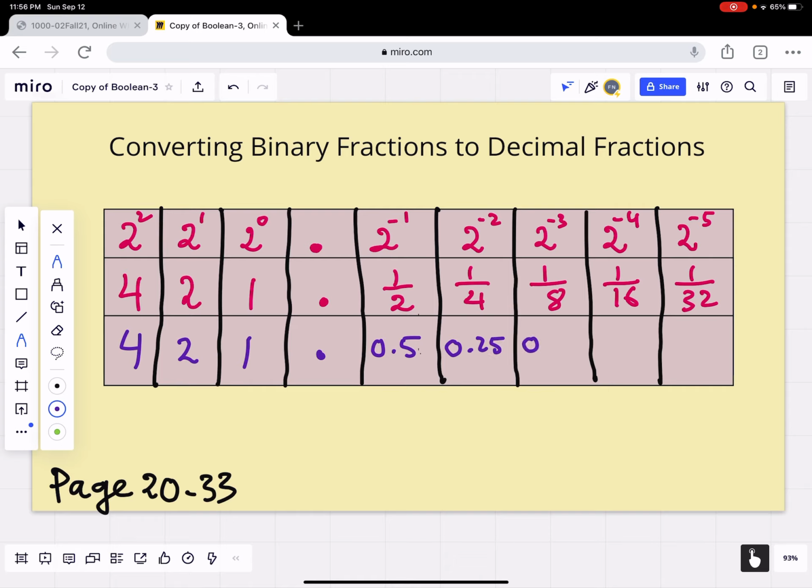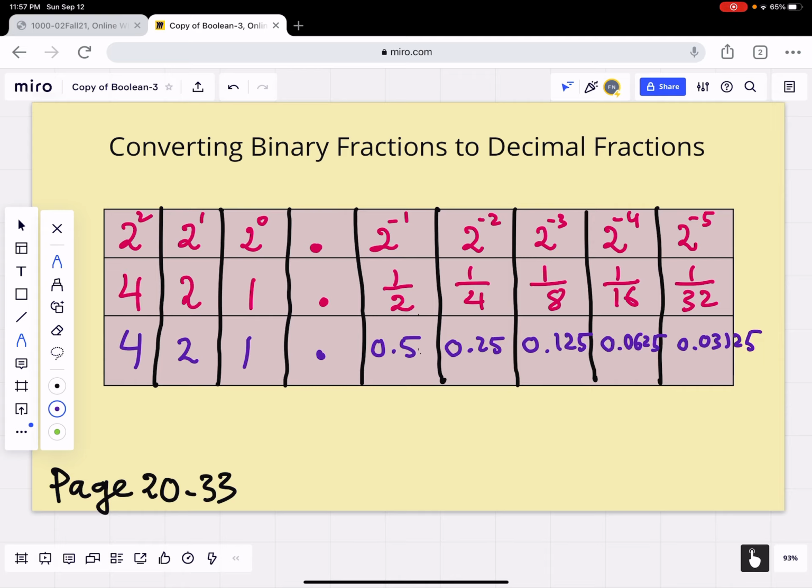And this one, 1/8, equals half of 1/4, equals 0.125. This one 0.0625, and 0.03125.